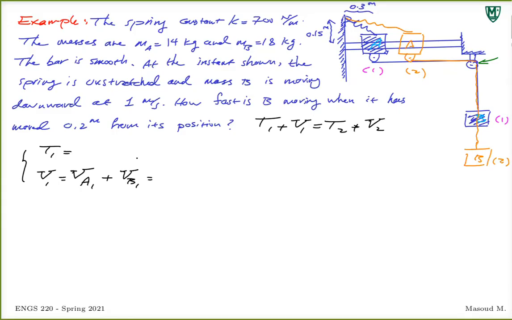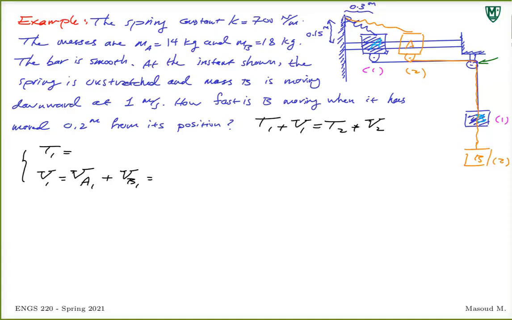Now, since we have two masses, what you can do to make your life easy, and that's the general approach you can follow, is consider a zero potential line for each mass separately. You don't have to have one zero potential line for the whole system.